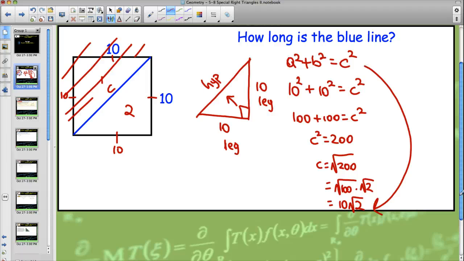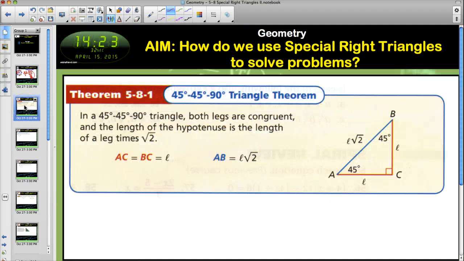So let's take a look at the rules. The rule states the following: in a 45-45-90 triangle, both legs are congruent, and the length of the hypotenuse is the length of a leg times the square root of 2. In the example we had before, we had a right triangle where this leg was 10 and this leg was 10, and our final answer for the hypotenuse was 10 square root 2.